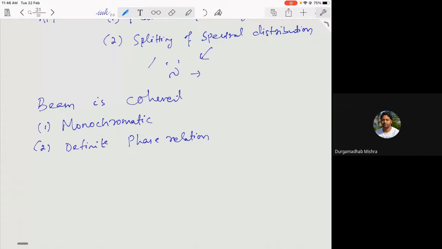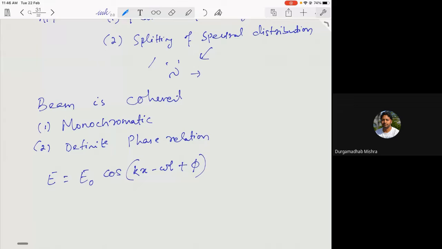But this is a very idealistic way of representing coherence. So how do we understand this from the point of view of the electric field? If we say our wave is represented by this electric field, we are still in the one-dimensional representation.